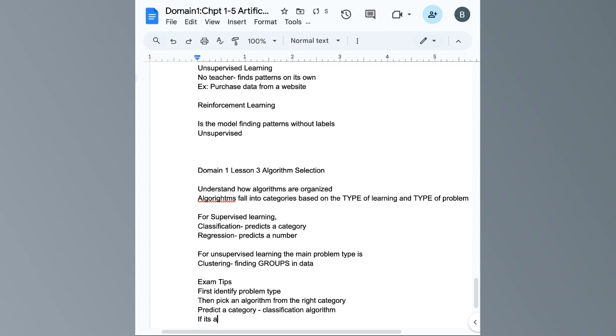If it's about finding groups with no label, which is basically just data that doesn't have any categories, you don't know what genre the movie is, that would be clustering.